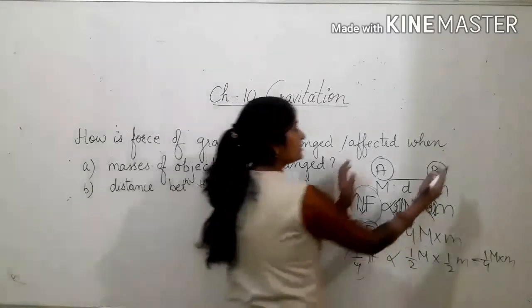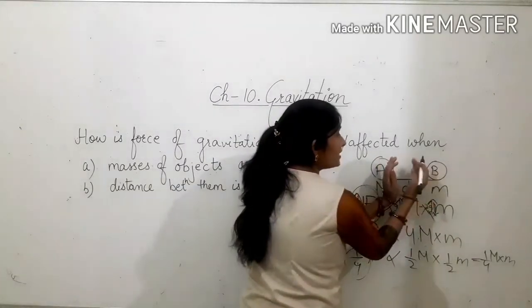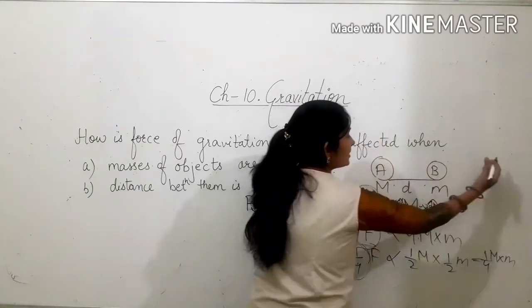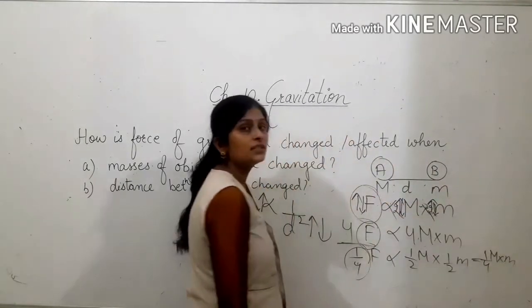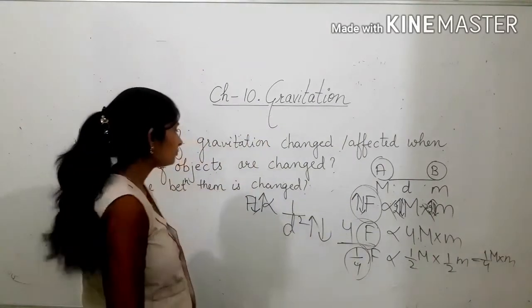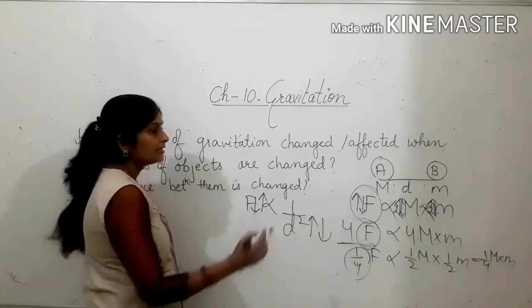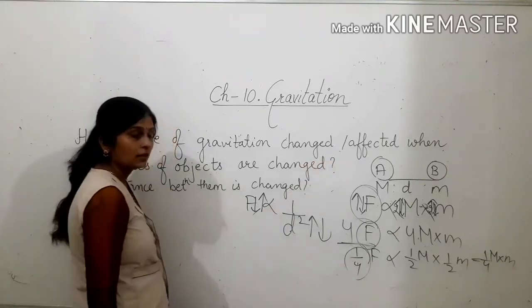So, distance decreases, gravitational force increases. Distance increases, gravitational force decreases. So, this is the dependence of gravitational force on the distance between the two objects.